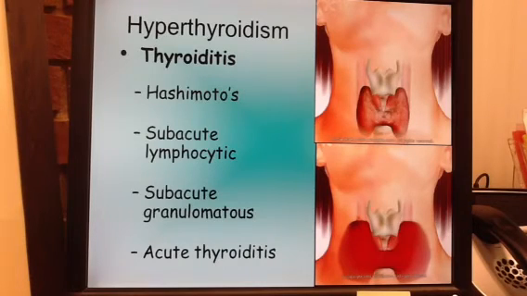There's a painless thyroiditis called subacute lymphocytic thyroiditis, and some people think this is just an early Hashimoto's. It usually resolves in 3 to 12 months. Sometimes it's called silent thyroiditis. This can actually happen in women after they give birth. Within the first 1 to 4 months after delivery, the hyperthyroid or overactive phase is most common.